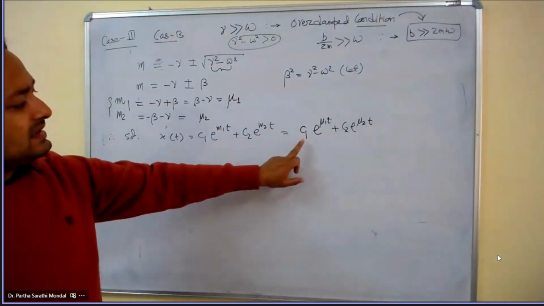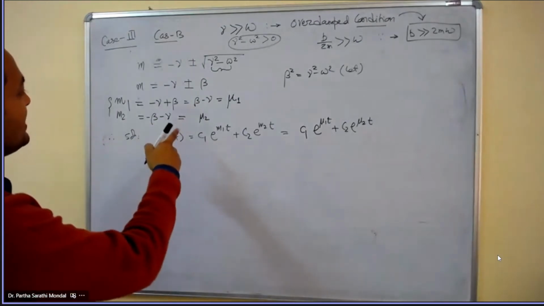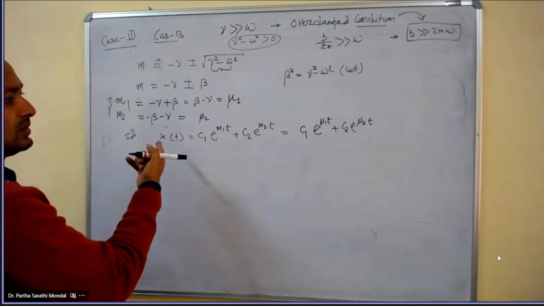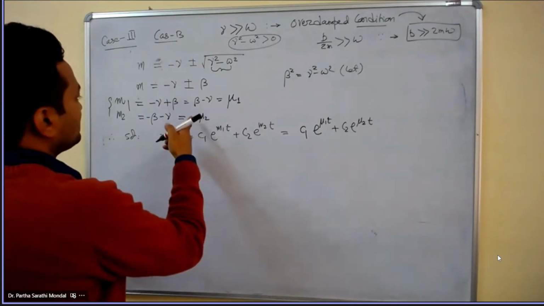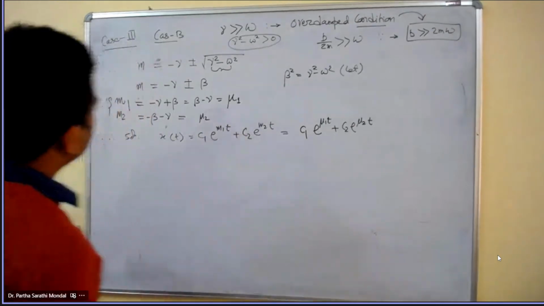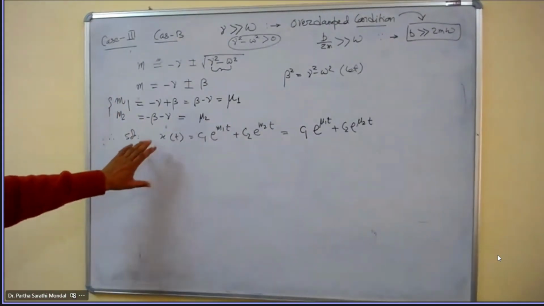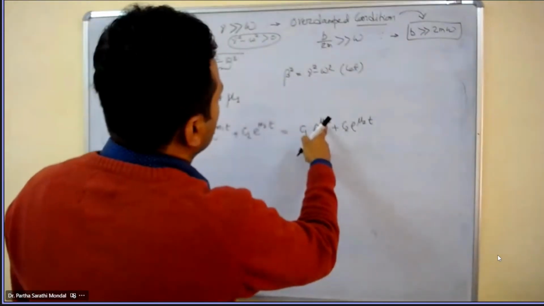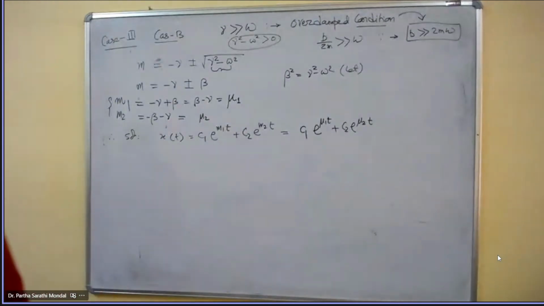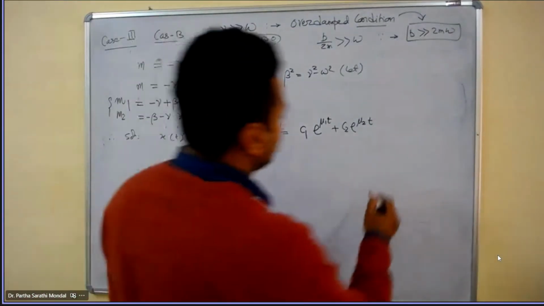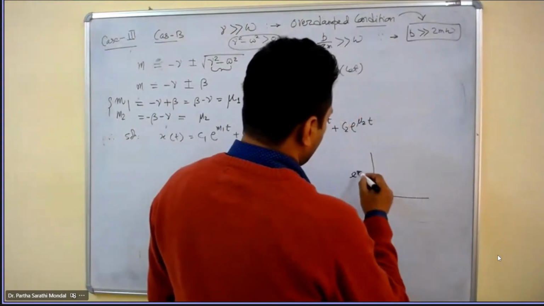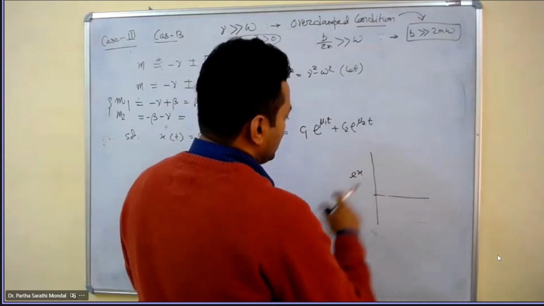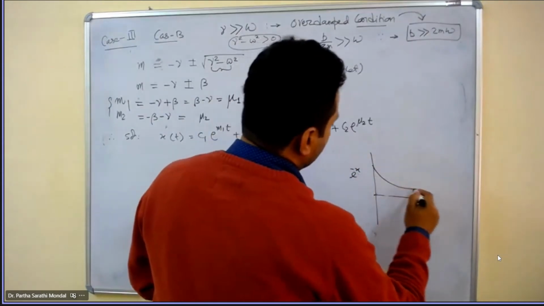You can also write this in another way. Let's take this one as minus mu. If you have a damped motion, then this has to be negative, because e to the power x is an increasing function. If we plot e to the power x, it will be increasing, but if we plot e to the power minus x, it will be a decreasing function.